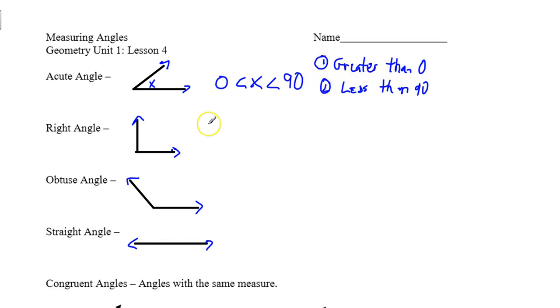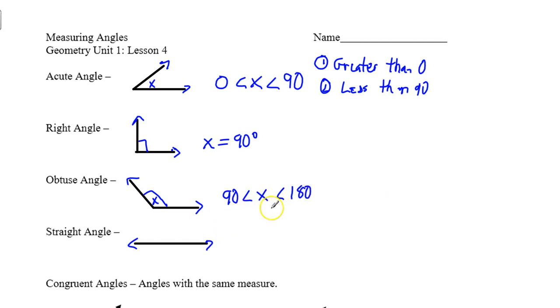Probably the most common error with acute angles is people just say an acute angle is less than 90, but we want to have both of those conditions. All right, a right angle, which we use this kind of notation to represent, is exactly 90 degrees. And an obtuse angle, which we've got right here, call this x, just like an acute angle has two conditions, the obtuse angle also has two conditions: greater than 90 and less than 180.